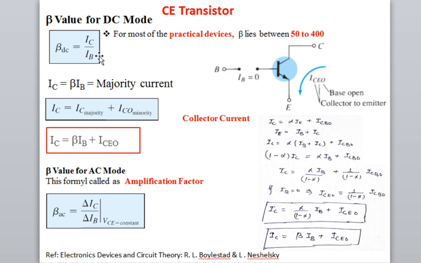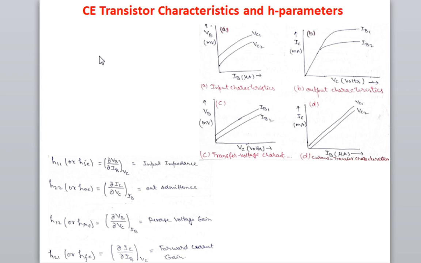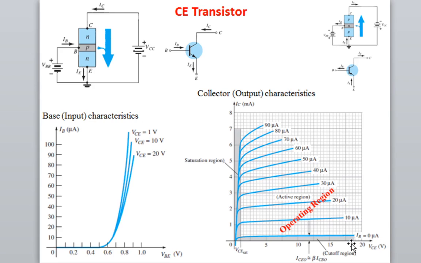If you remember in the characteristics curve, IC is the collector current and IB is the base current. IC is always of the order of milliampere, and the base current is very small, of the order of microampere. If you see the characteristics curve also, the collector current is milliampere current and the base current is microampere current.